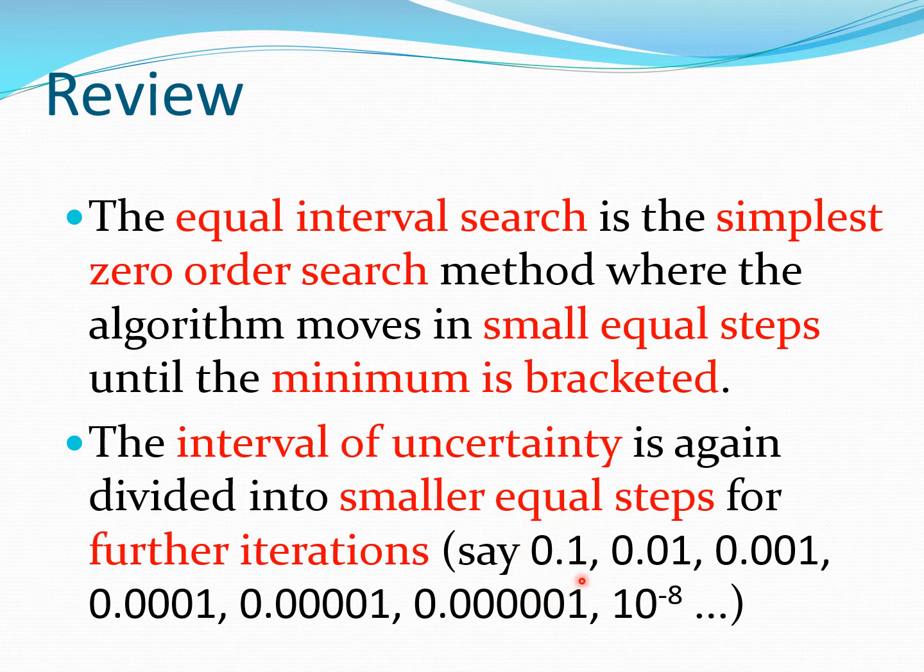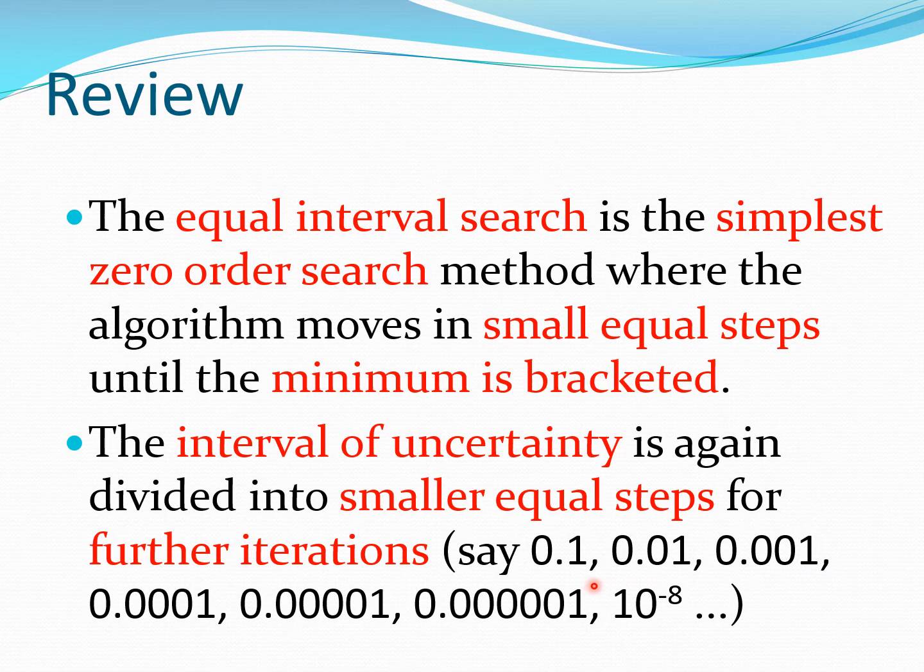You can partition your domain using this step size and bracket the minimum. Then you take this new interval which you have obtained and you partition it further using a step size such as 0.01. You get the interval of uncertainty here. You again partition this by 0.001 and so on.